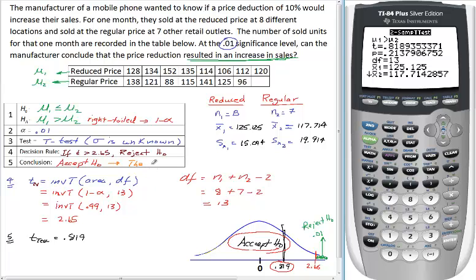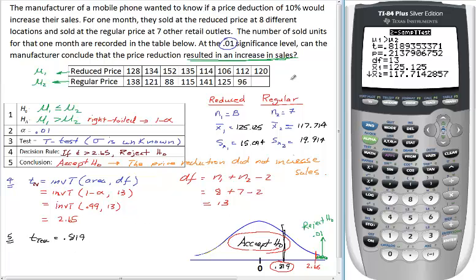We can't say it with all certainty, but we could say it with some level of confidence that the price reduction did not increase sales. So write your conclusion out in words, something like that.